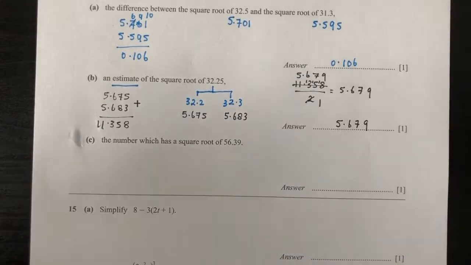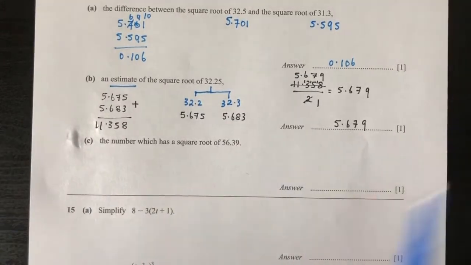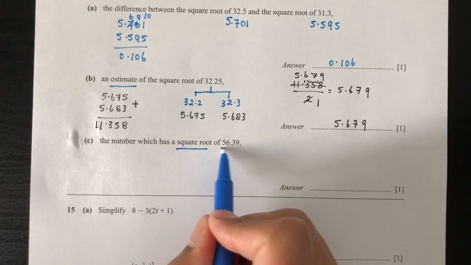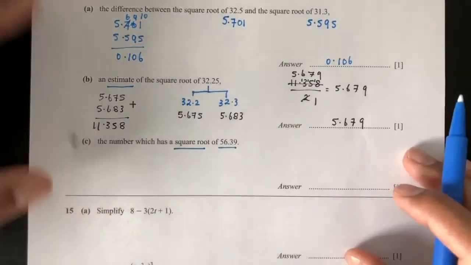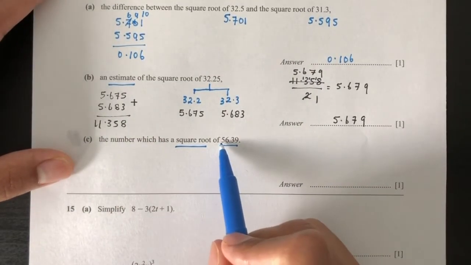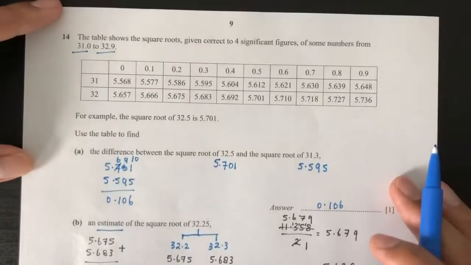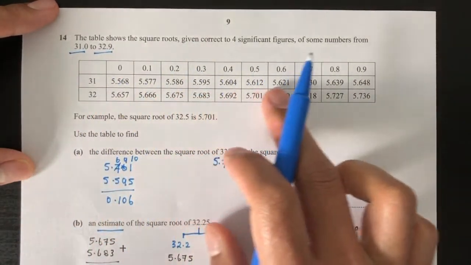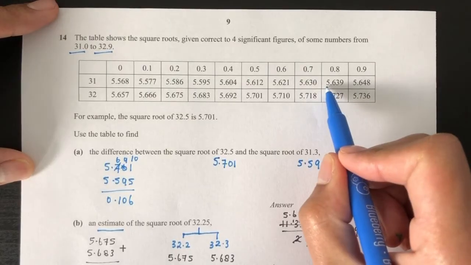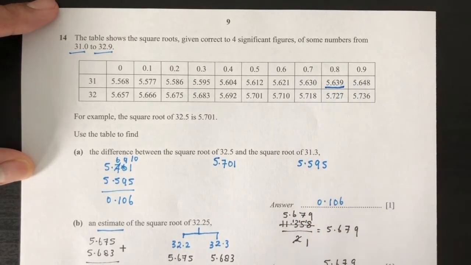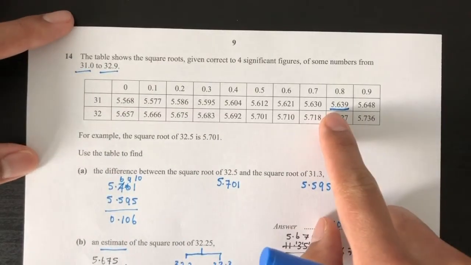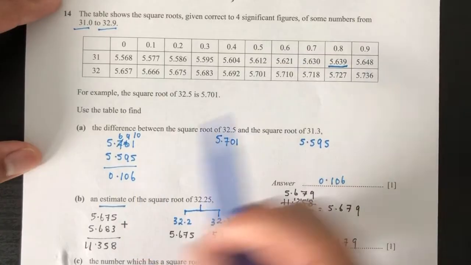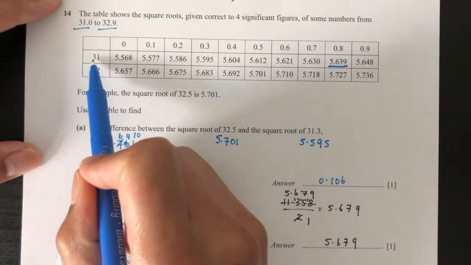Now for part C, we have to find the number which has a square root of this one. So which number has a square root of this? Let's see. If you go back to your table, if you go up, we have 5.639. So from the table, you can see that that is the square root of 31.8.